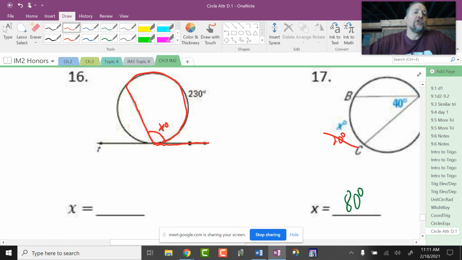This is strange. The only thing I can tell you is this actually has the attributes of, and is most closely considered, an inscribed angle. Look at the definition of an inscribed angle: its vertex is on the circle.